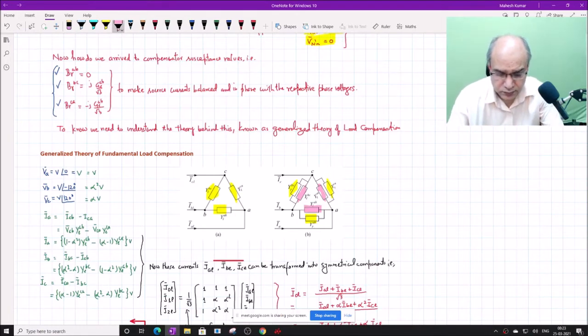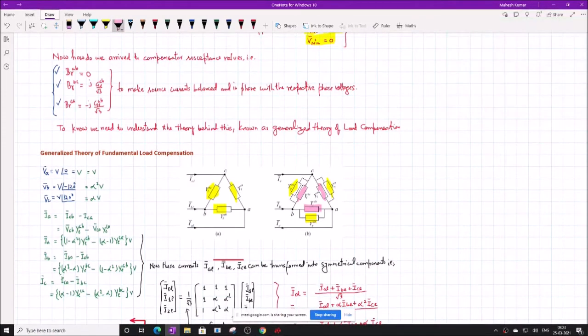Now let us see how we formulate this theory and develop the expression for the susceptance of the compensator. By the way, it is a perfect algebra problem, that we have three variables and we need to have three equations. What are the three variables?